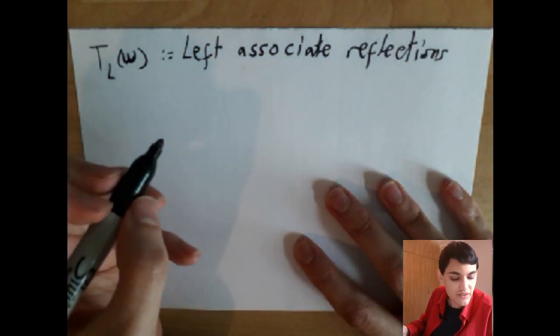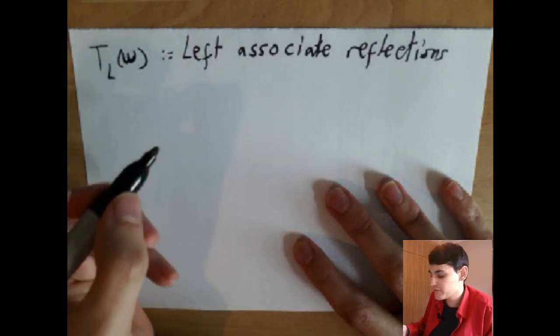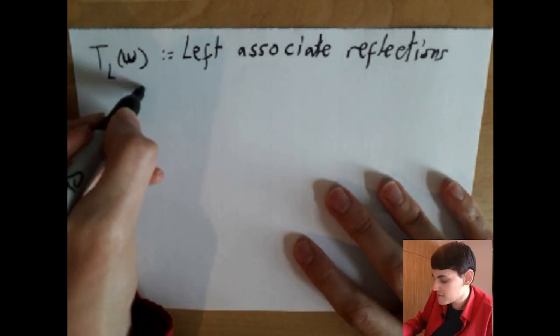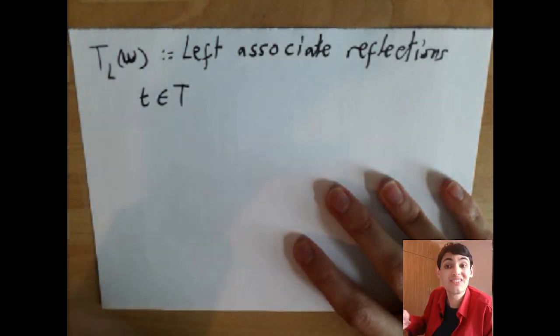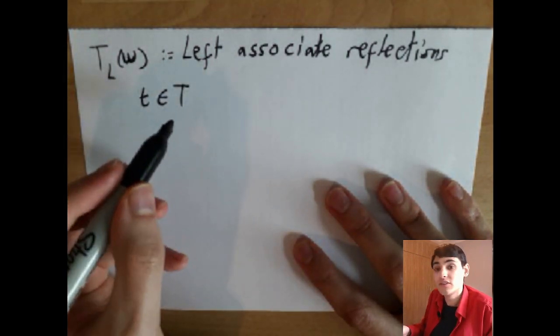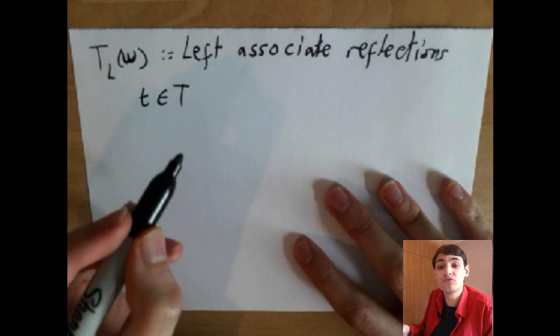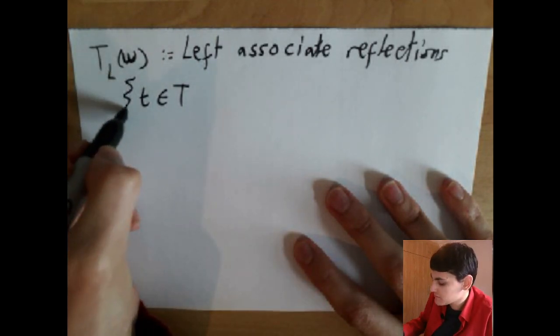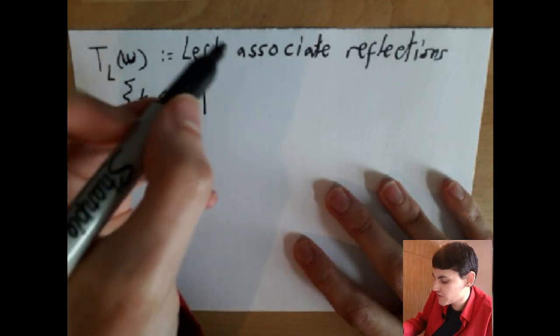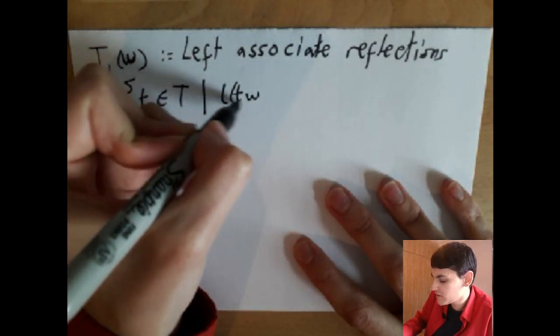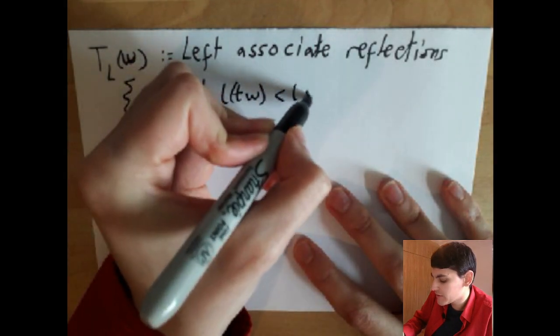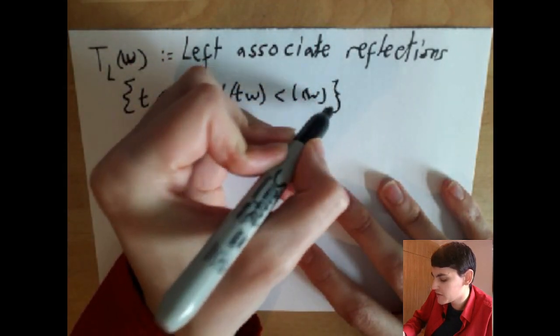This is all the reflections t, if T is the reflection set, so all possible reflections, such that the length of tw is smaller than the length of w.